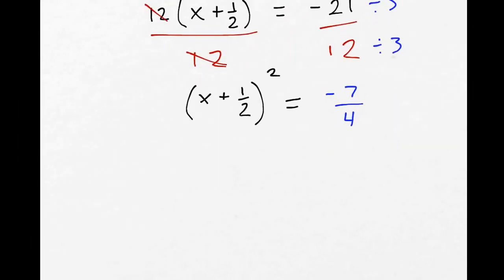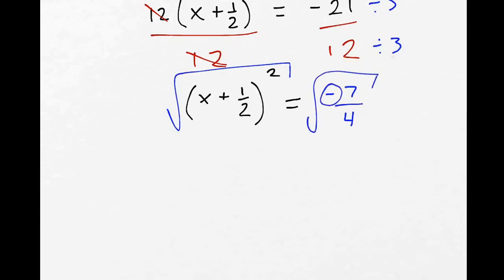And I will take the square roots of both sides. So I take the square root, or I have a negative in the square root. So I will have x plus 1/2, and this is on the outside. So I have a negative in the radical.